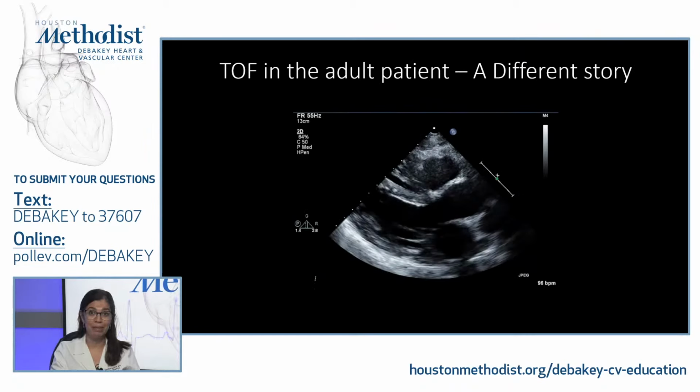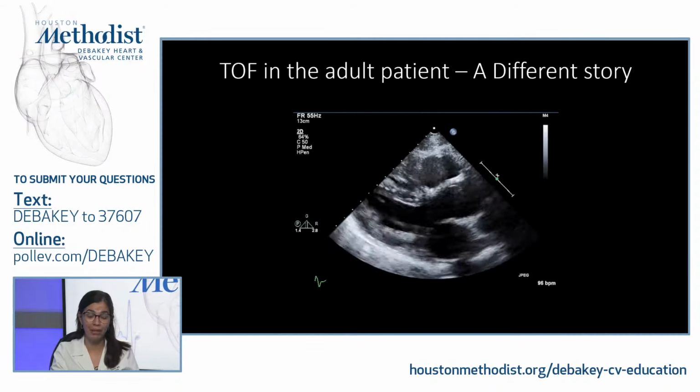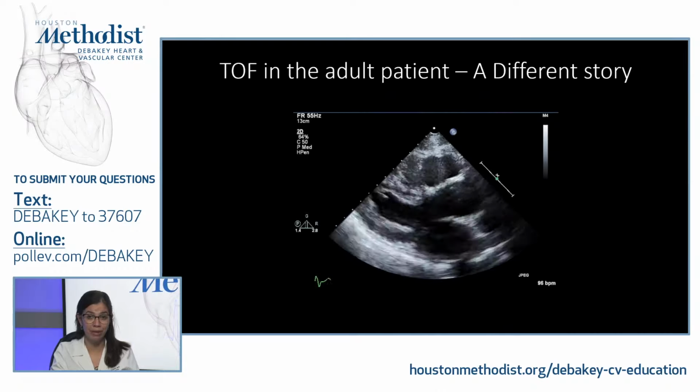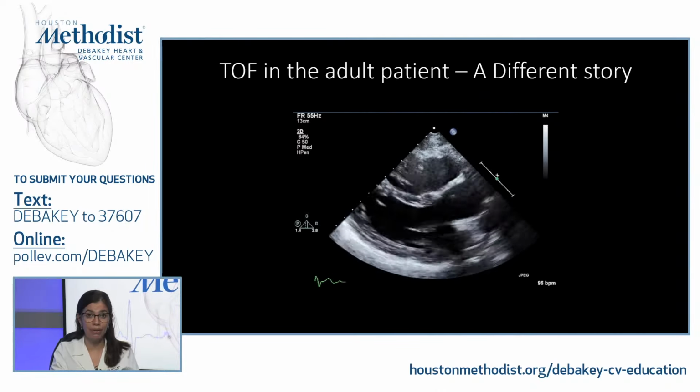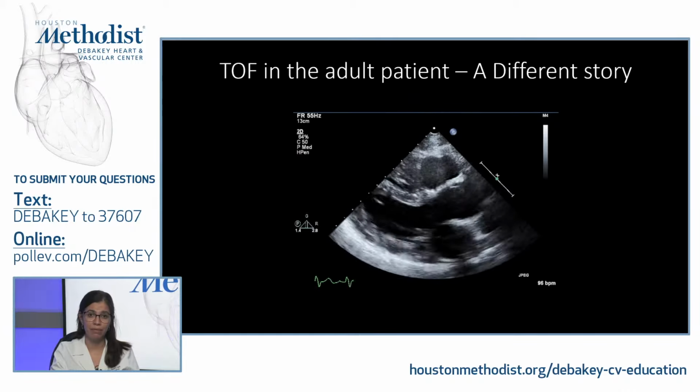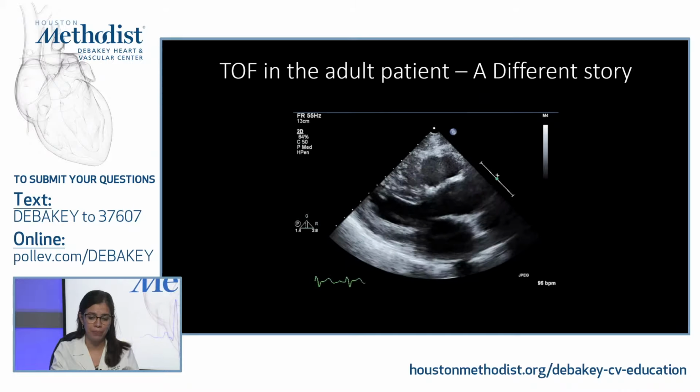Now, when we image adult patients with Tetralogy of Fallot, that's a whole different story. For starters, most of the patients will be repaired by the time we've met them, so the assessment is quite different. We need to focus on long-term complications after repair.